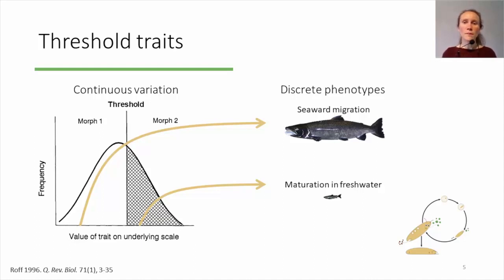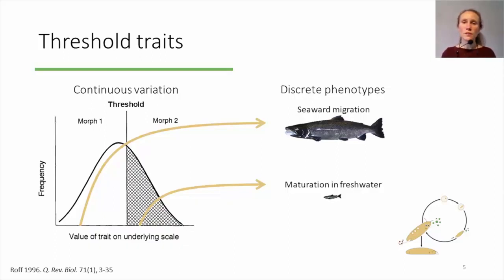So some of them might be able to mature in freshwater in their first or second autumn if they have enough energy. And in that case, they won't leave freshwater, so they won't have to incur migration, higher mortality, but they will be much smaller also.